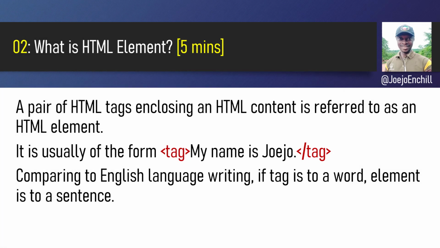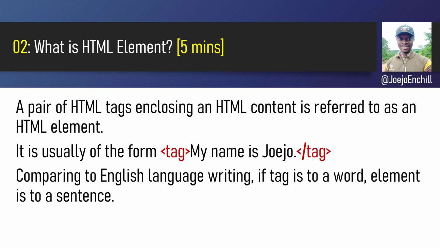And then we moved on to understand what is an HTML element. By that we said a pair of HTML tags enclosing an HTML content is referred to as an HTML element. That is to say that tags come in pairs. In between the pair there is a content. The content can also be another pair of tags.